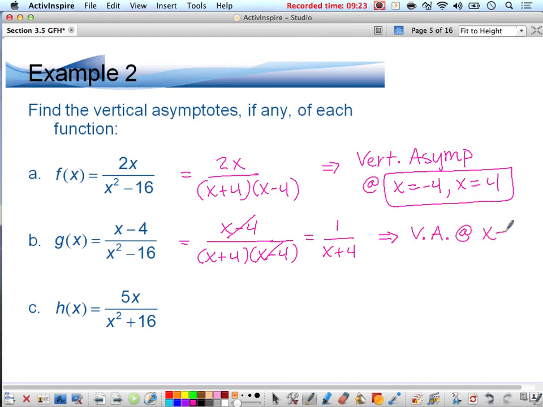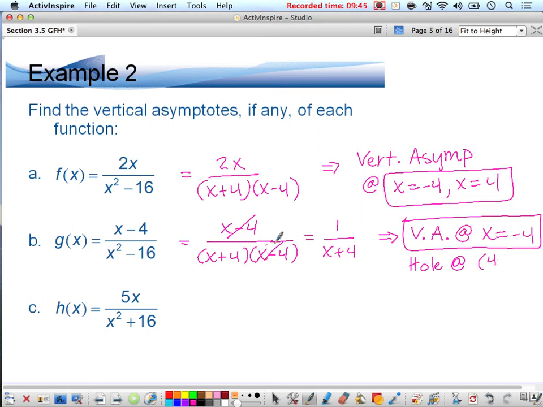The only one is x equals negative 4. And I'm not sure that your book points this out. The restriction that cancels is called a hole in the graph. And I do want you guys to know it. There is a hole at positive 4.